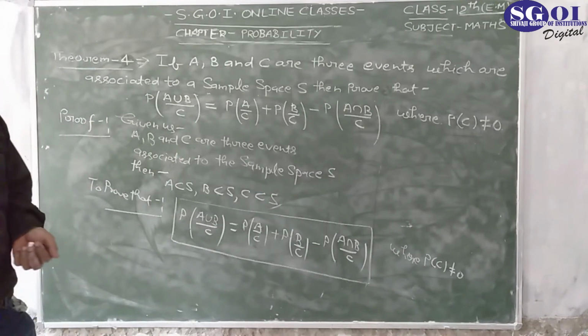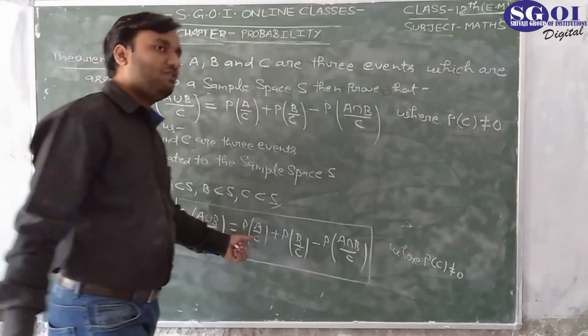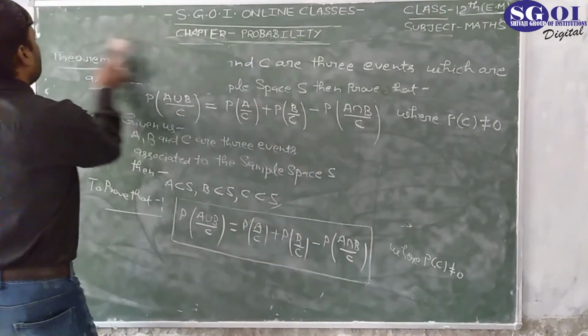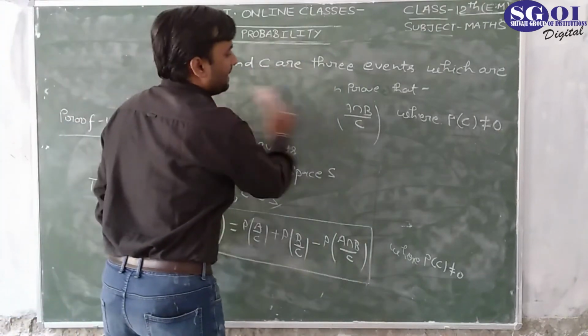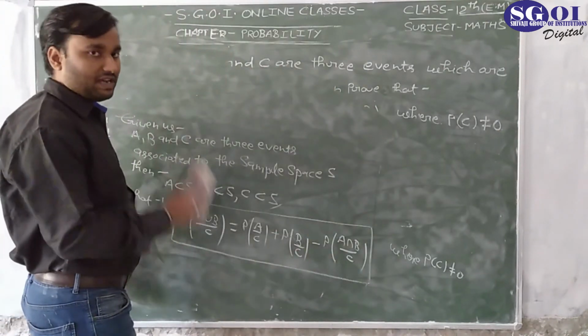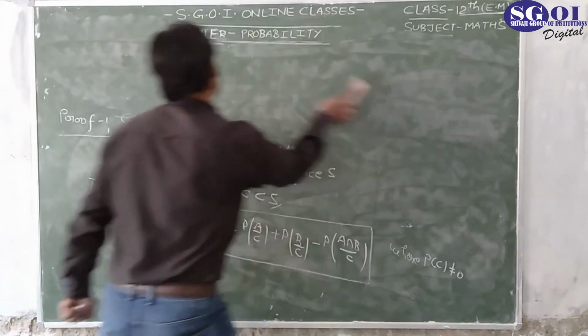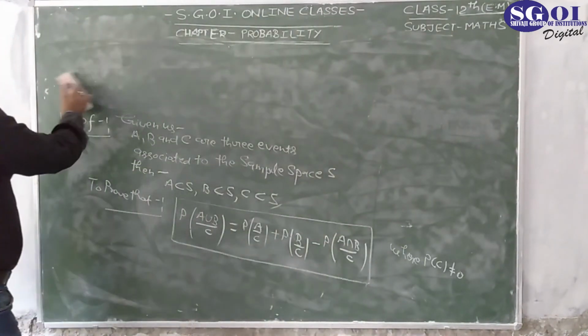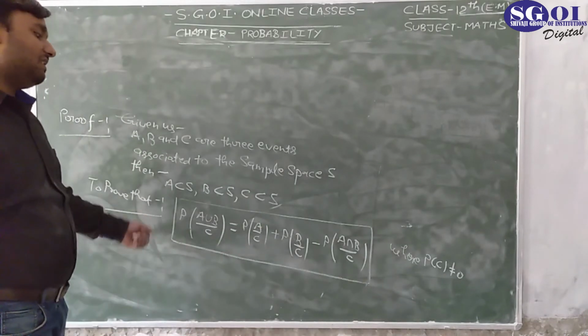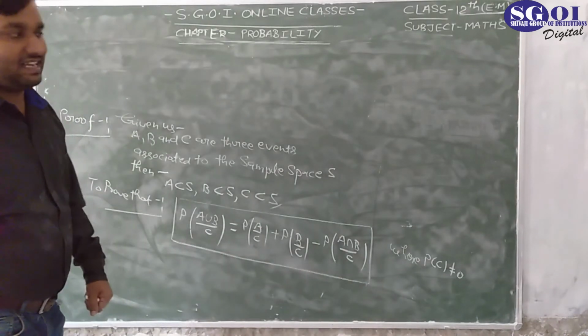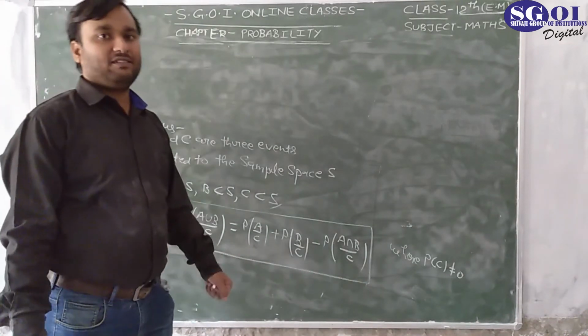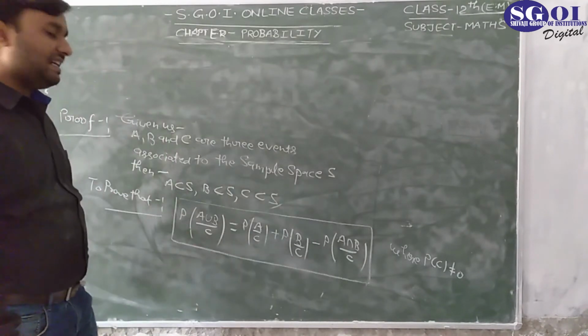So first thing is that we have to find the value of these probabilities. It is simple, but the important part is the Venn diagram of this theorem. If you understand the Venn diagram properly, then you will solve this theorem easily. So pay attention to the Venn diagram.